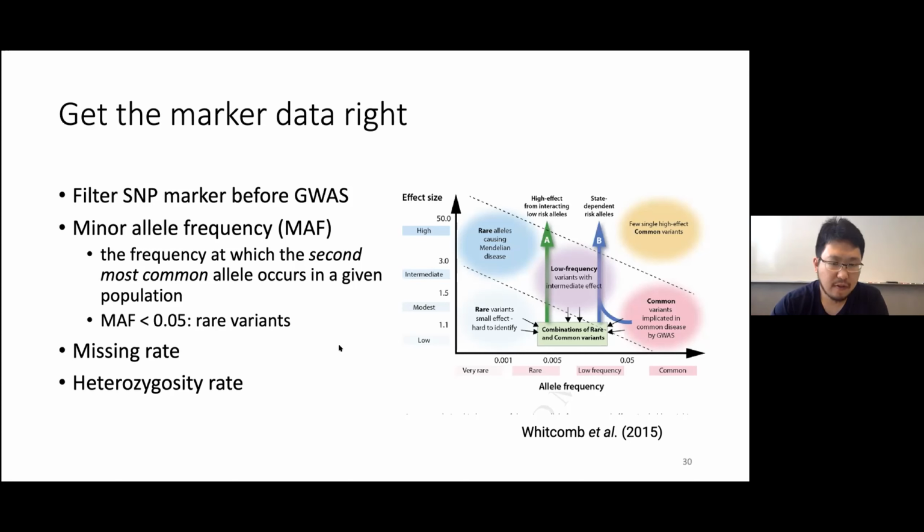I would say that if you're using a panel of inbred lines and there's an unusually high percentage of heterozygous sites, you will need to start to pay attention to whether there are some errors in the genotyping process. If it's a very low percentage, then you can just keep them.